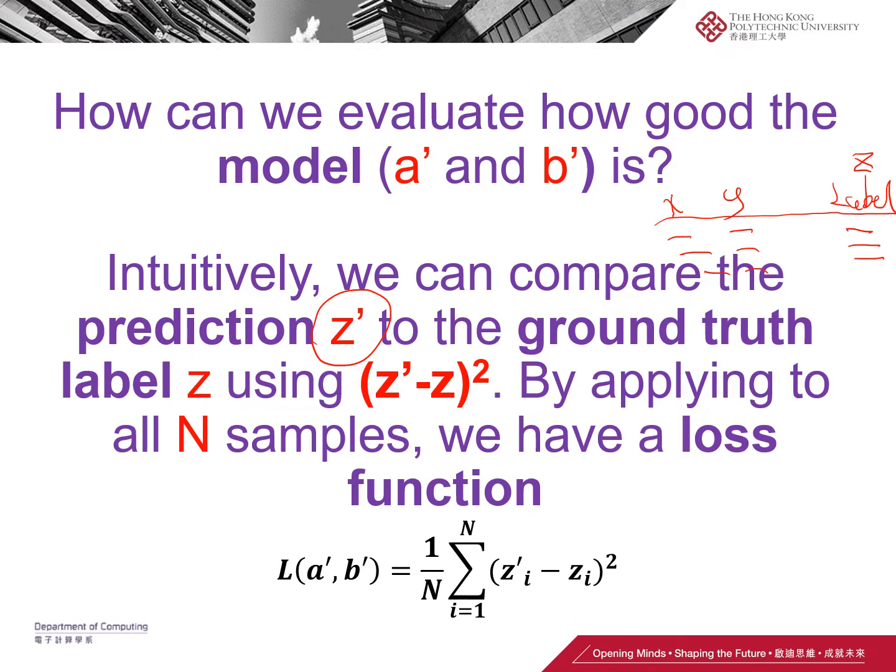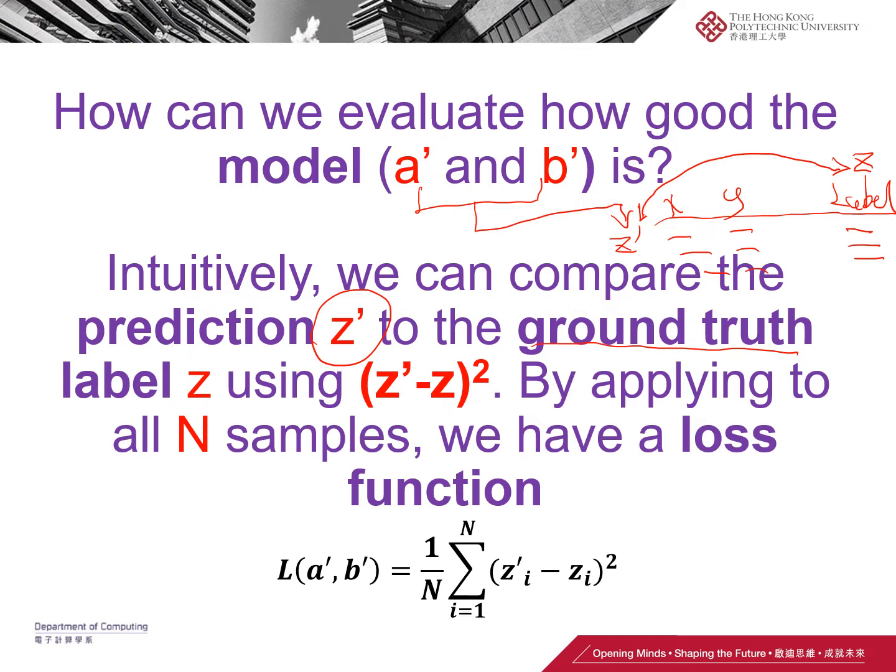Besides the real label, we can use A prime and B prime to create a prediction, that is the Z prime. So for every apple in the training data set in that table, we can compare this prediction back to the real label, which we sometimes call the ground truth labels.